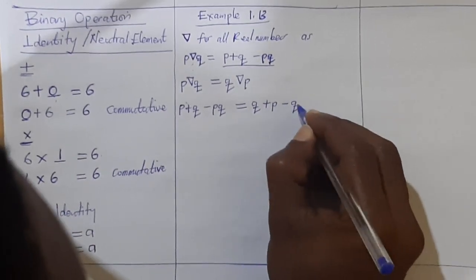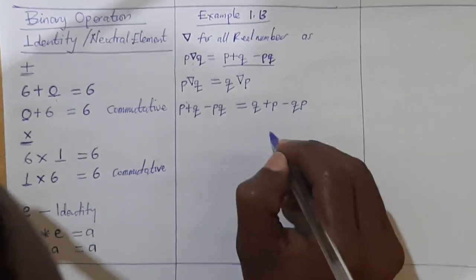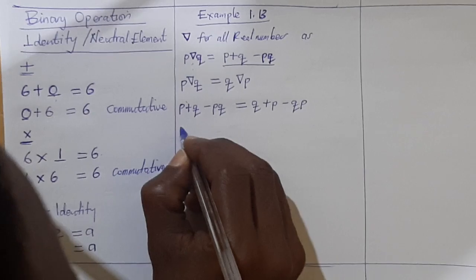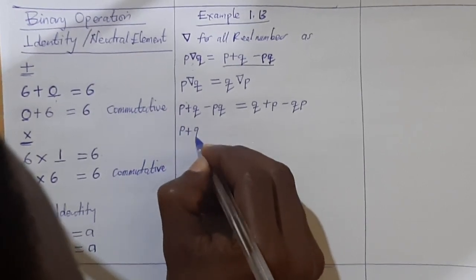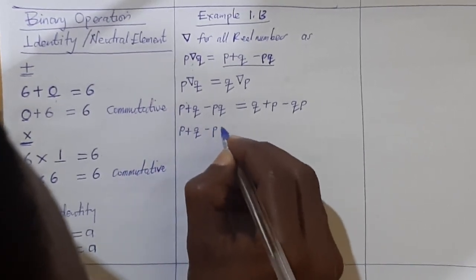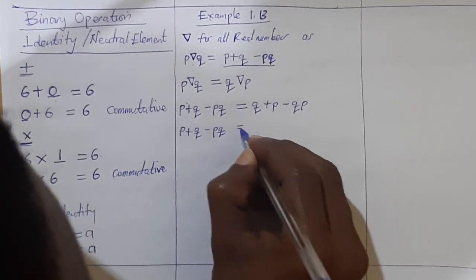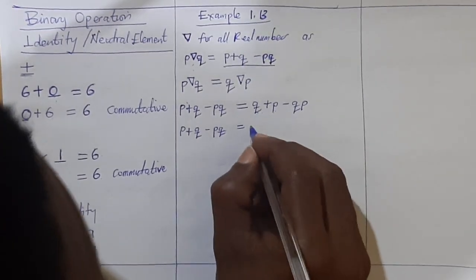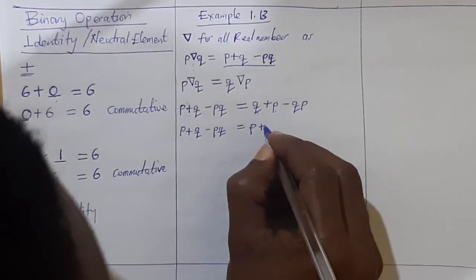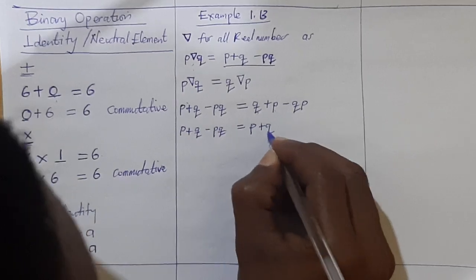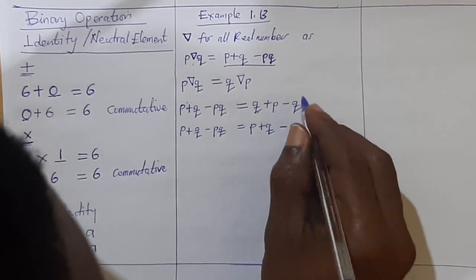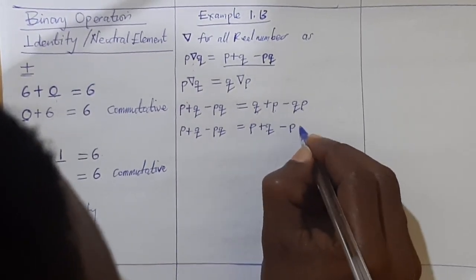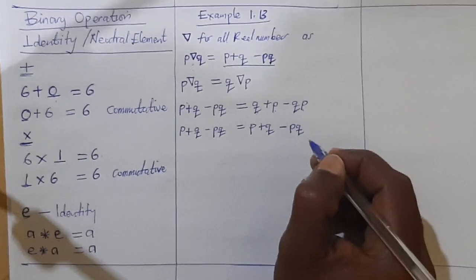minus QP. So now let's rearrange. Now addition is commutative, so you can bring the P first plus the Q. Minus, multiplication is also commutative, so we can have PQ.